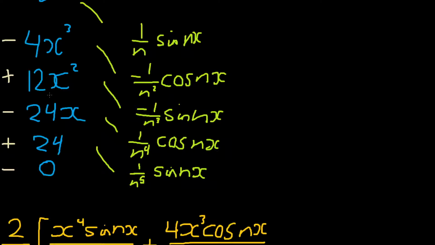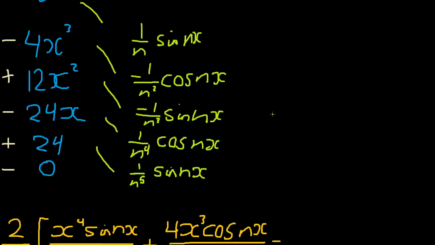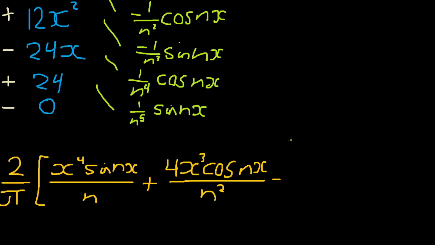And then we get 12, that's minus. I think I'm going to run out of space. 12x squared sine nx over n cubed, and I'll write the rest at the bottom.